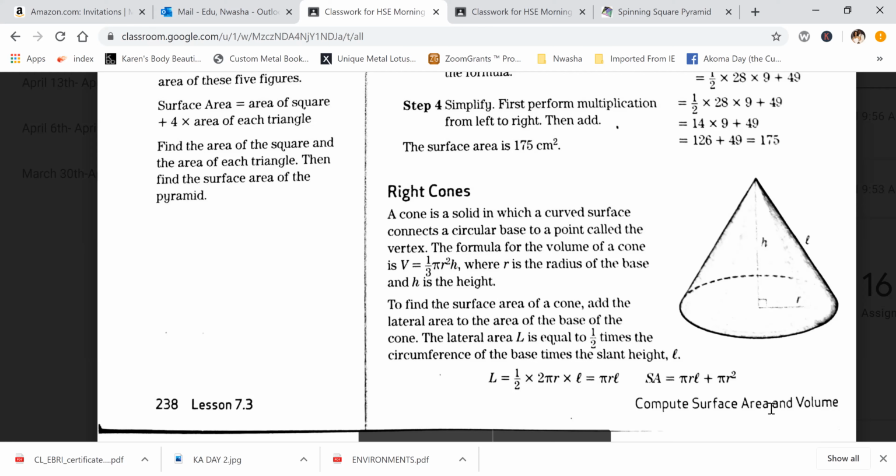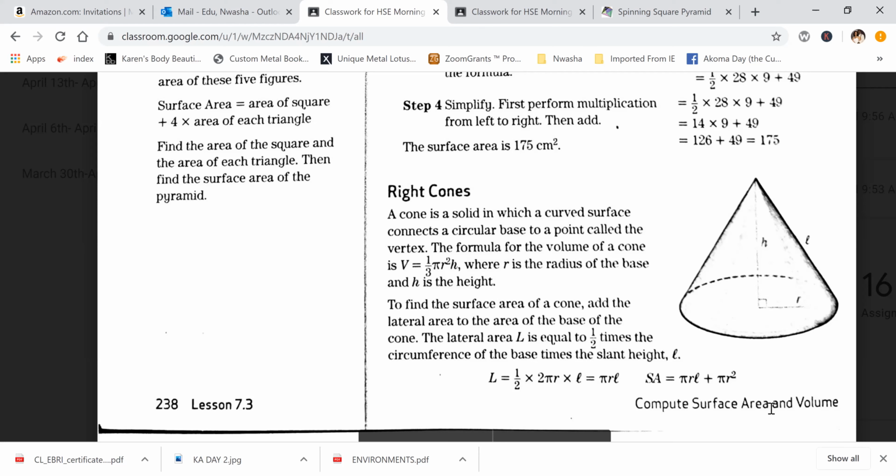Sometimes they do this with cups, like paper cups that you pull from a water fountain, or ice cream cones, right? So anything that would make this kind of a cone, whether it's face down on the circle, or whether the circle is on top, like if you're drinking from a cup or an ice cream cone. This is the formula for volume and surface area.